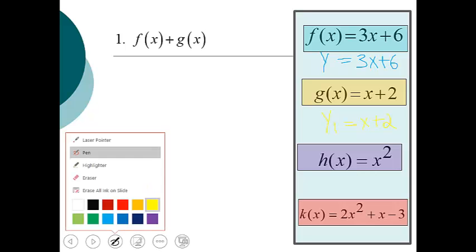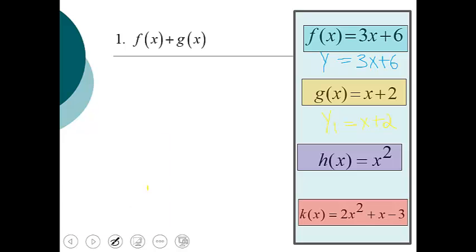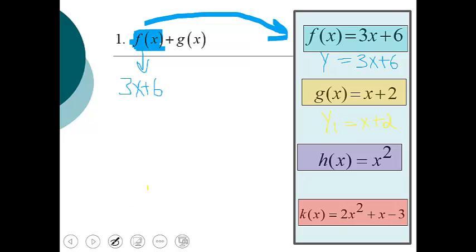All this is basically saying, and again I told you I'd color code it to make it a little easier, we have our f of x. My f of x is in blue. So I look over here to see what my f of x is, and that's equivalent to 3x plus 6. All I'm going to do is replace f of x with 3x plus 6. I substitute it.